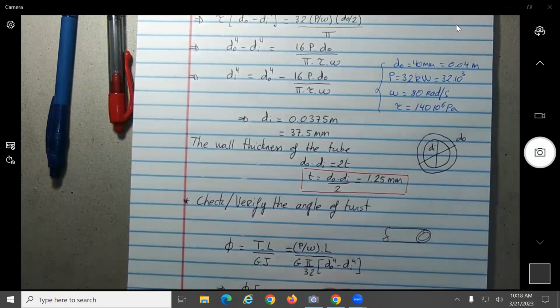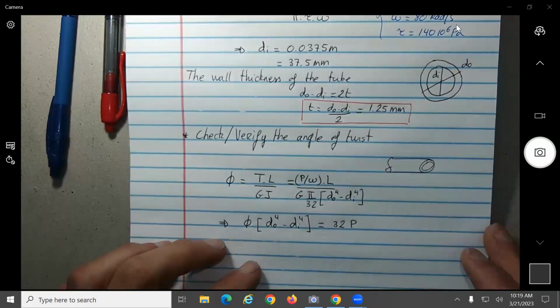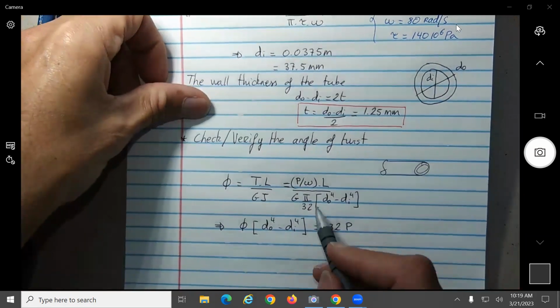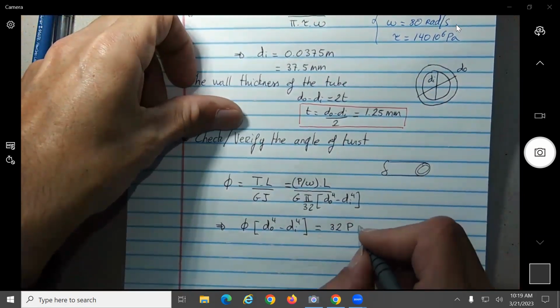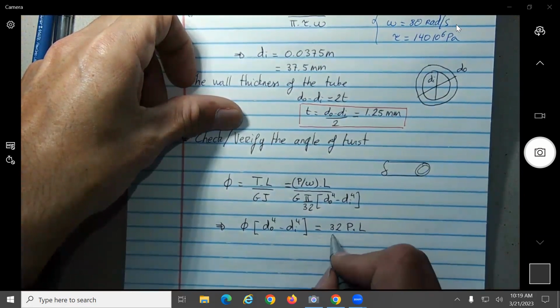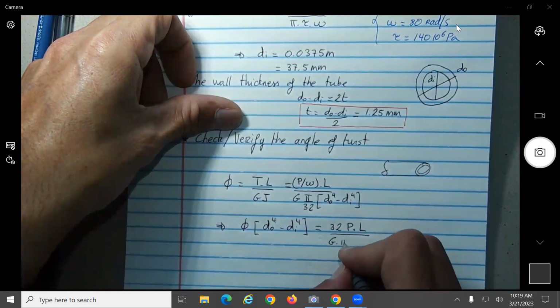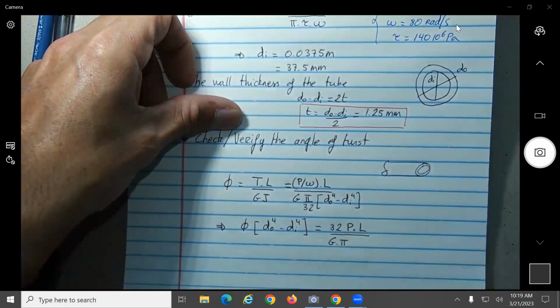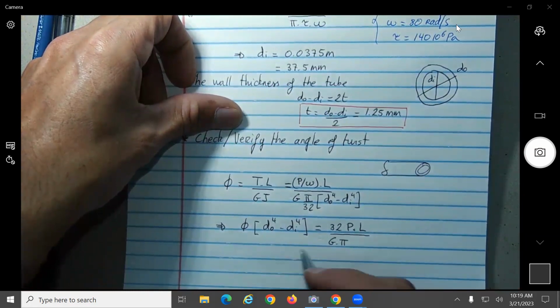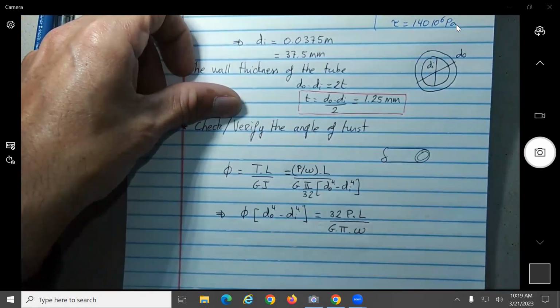Let's move this one to that side, d outside to the 4th minus d inside to the 4th will be equal to 32, moving the 32 to the top, so power times L divided by G pi, and omega. I keep forgetting that omega.